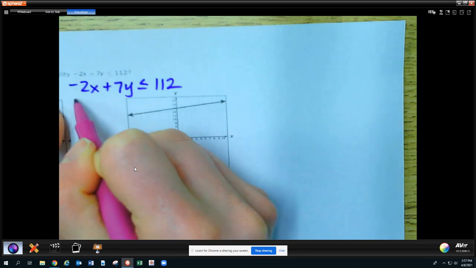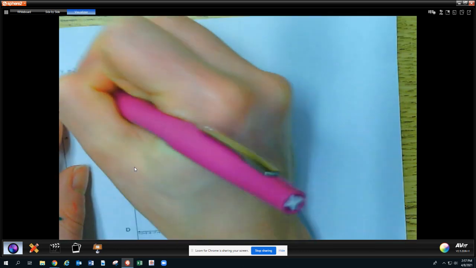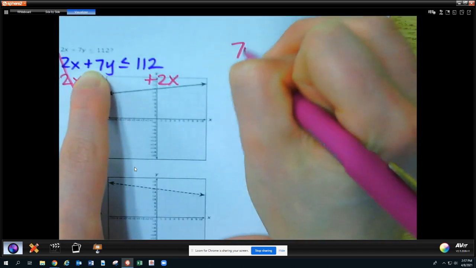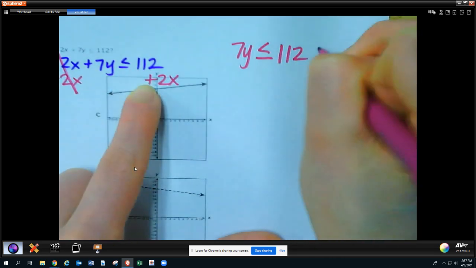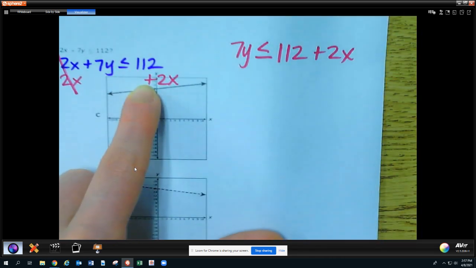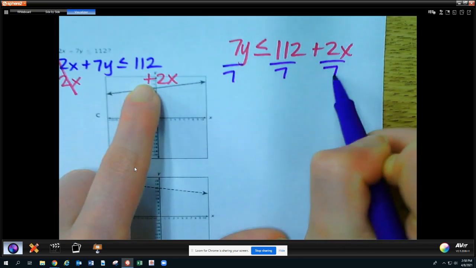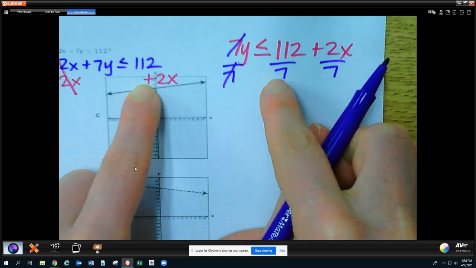Okay, so the first thing we're going to do is get rid of the 2x by doing the opposite. And so my new inequality just has the +7y less than or equal to 112 plus the 2x. Now we're dividing by a 7. So do not flip the inequality because that 7 is positive.